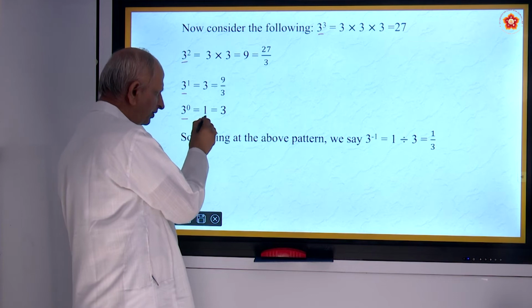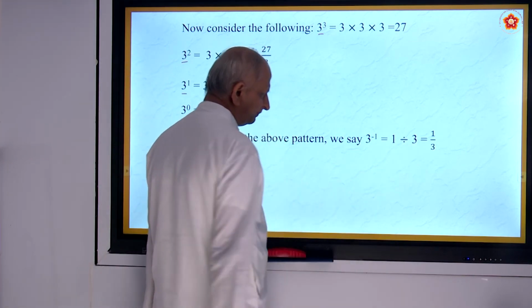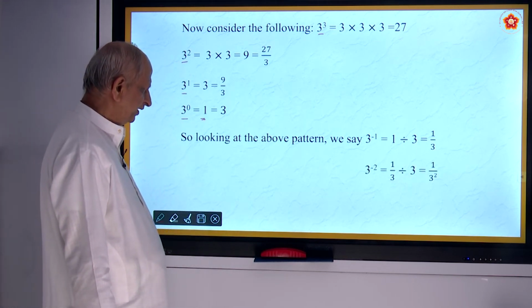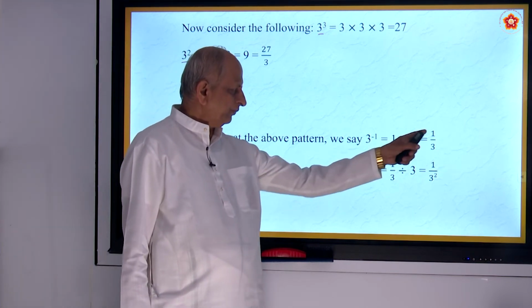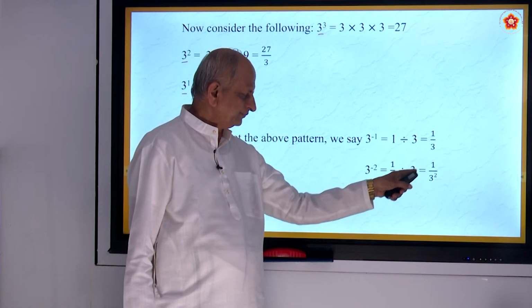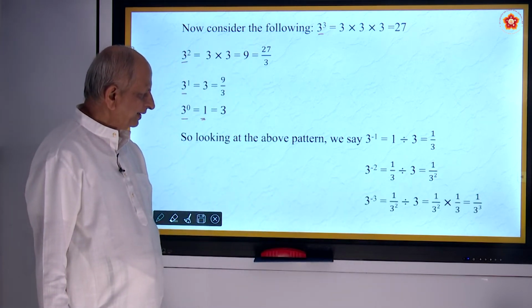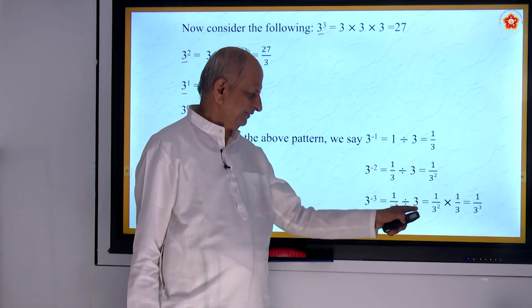The value of 3 to the power of 0 is 1, divided again by 3, it becomes 1 by 3, or you can say the reciprocal of 3. So what about 3 to the power of minus 2? 1 by 3 by 3, 1 by 3 square, that is the meaning. And what about minus 3? 1 by 3 square by 3.